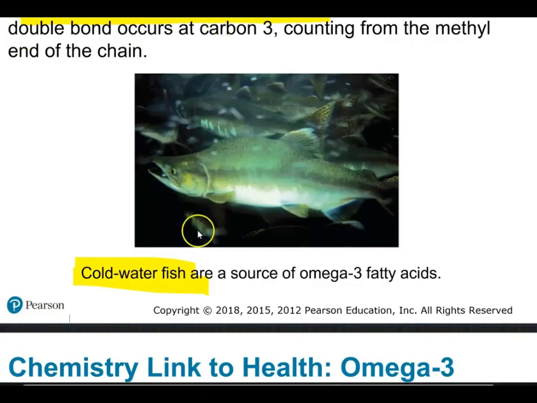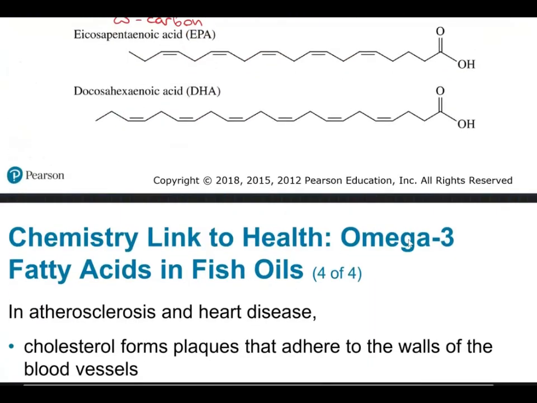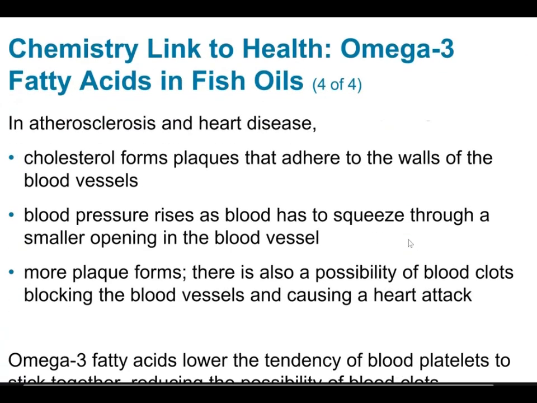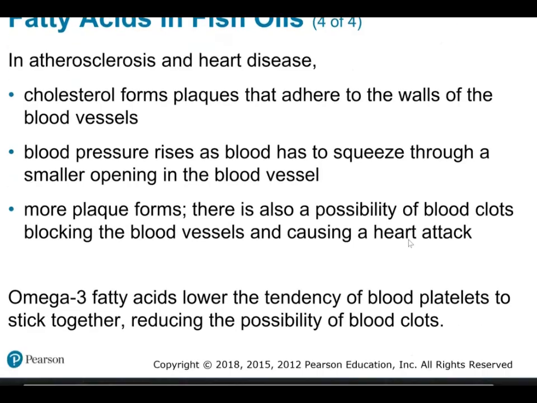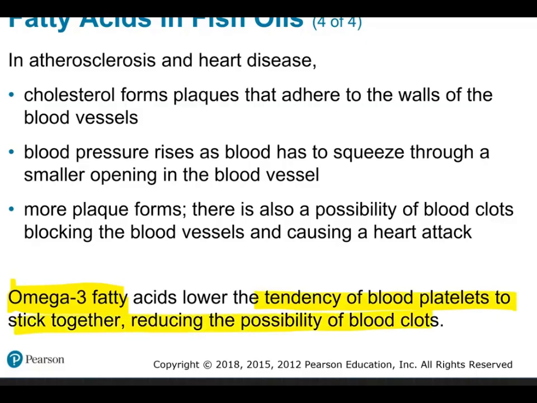So anyway, what's the buzz? It's been shown that omega-3 fatty acids... I would not make that statement, but I would kind of support that.